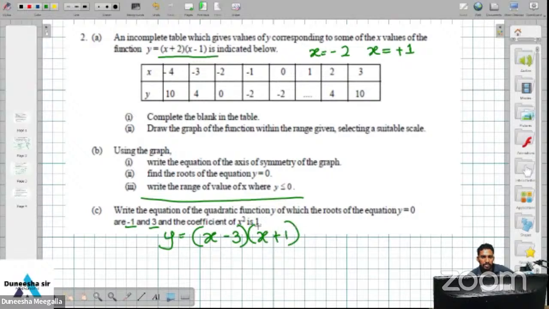Okay, the coefficient of x square is again 1 because the multiplication is 1. Okay, can you understand it? Yes, sir.